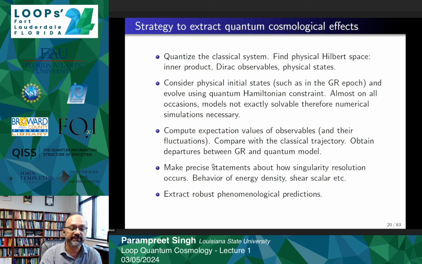Then the goal is to make precise statements about how singularity resolution occurs, which means what is the behavior of energy density. If you have an anisotropic model, then you will have shear, so what is the behavior of the shear scalar, what happens to curvature invariants, and so on. And after making those statements, one should try to extract robust phenomenological predictions, say for inflationary models or the CMB, and so on. This is an ideal strategy.